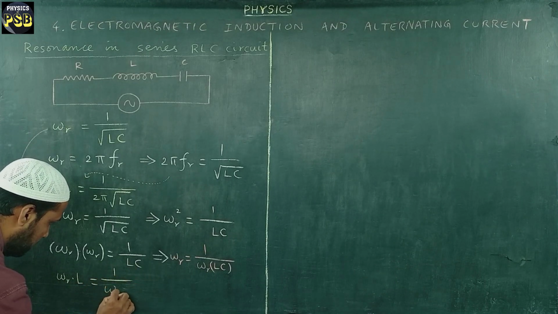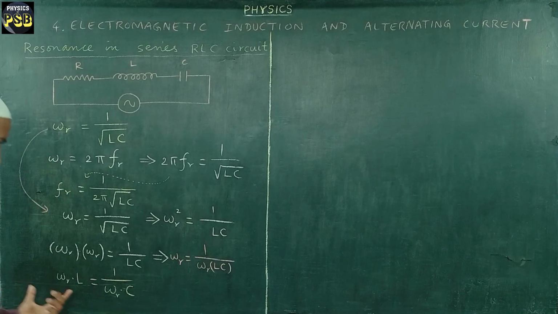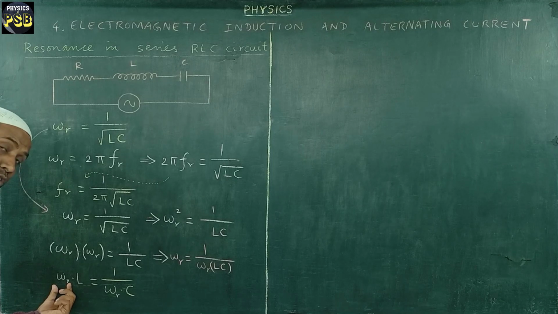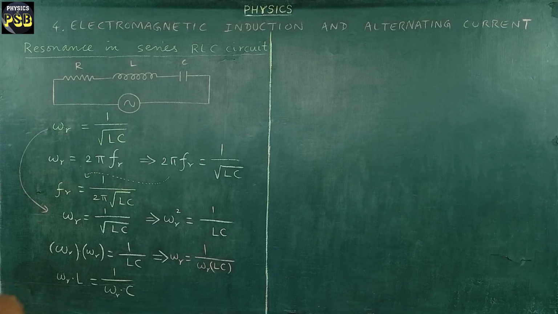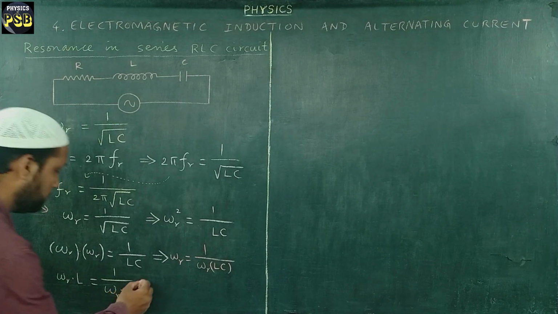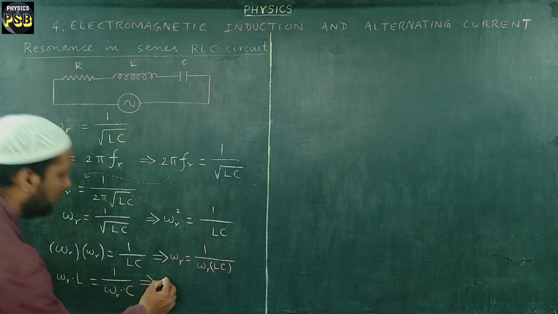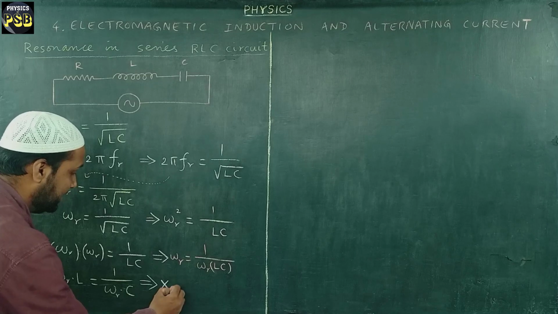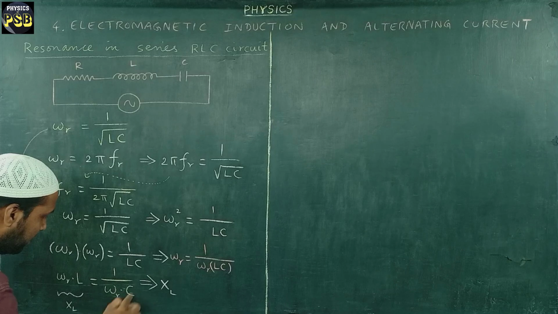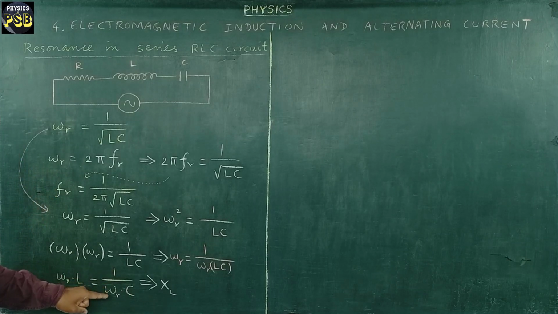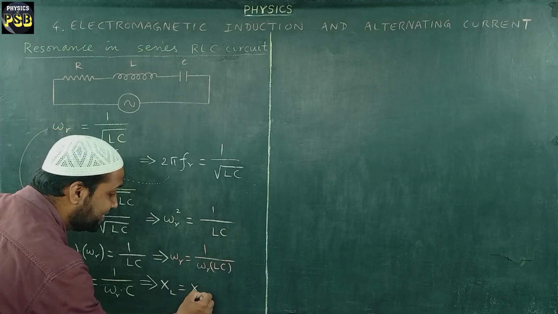We have only this, omega R C. Now, we know very well the product of angular frequency and inductance of the inductor provides us inductive reactance XL. What is this? It is nothing but XL. In similar way, this is 1 upon omega C. It gives us capacitive reactance, that is XC.